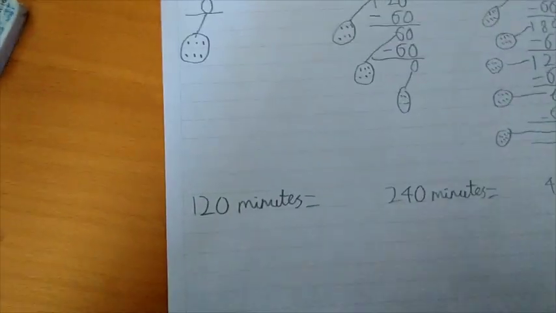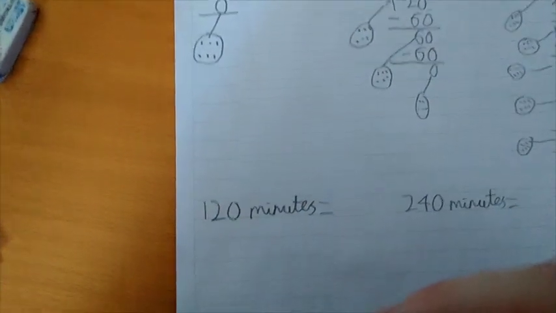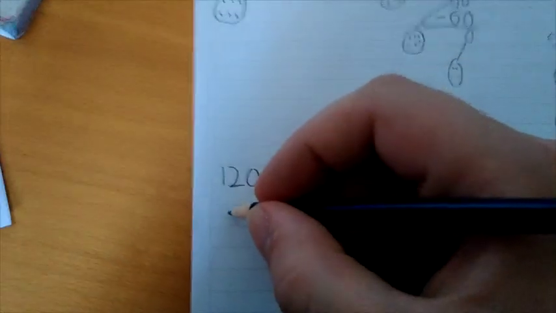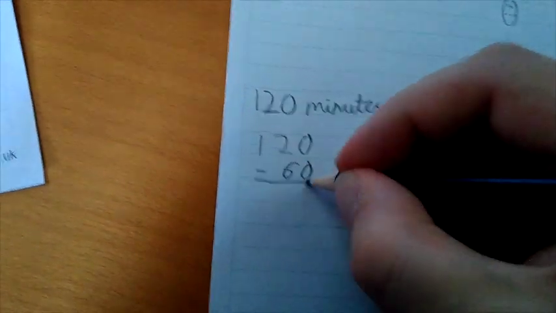So the first question is, how many hours is 120 minutes? So let's do 120. Take away 60 to get our first bubble.